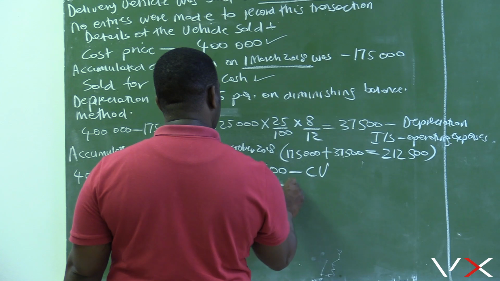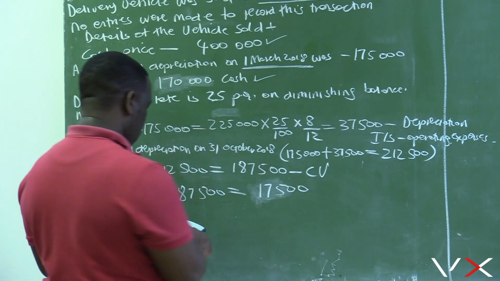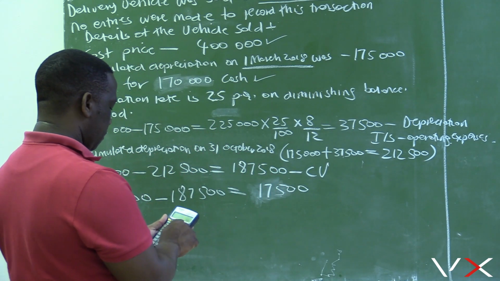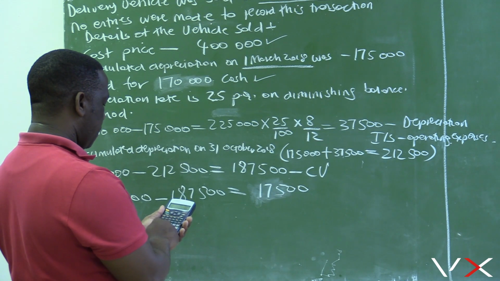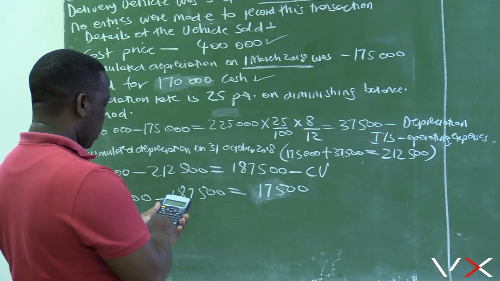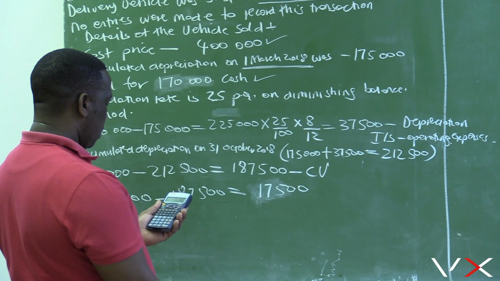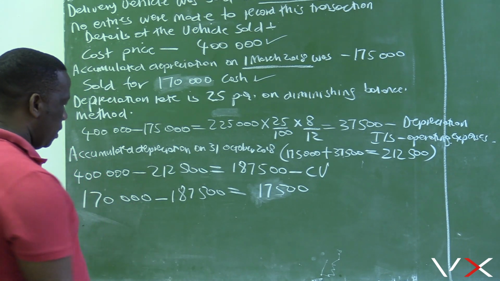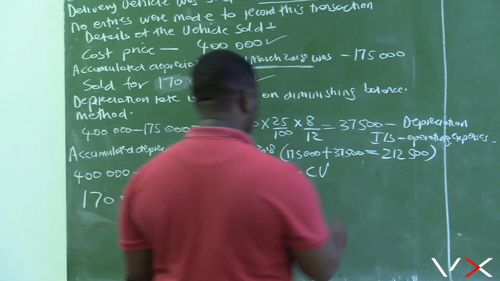Actually, 187,500 minus 170,000 is 17,500. So we have made a loss.